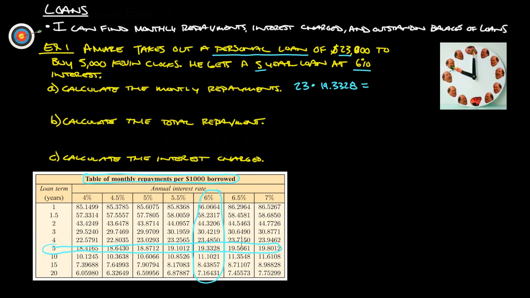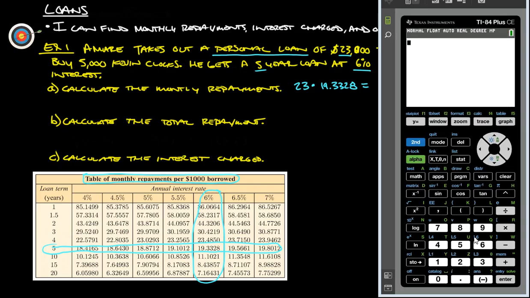Okay, so we bust out our calculator here. 23 times 19.3328. And then we round this up to the nearest penny. So 444.65. Actually, I think we go up to the next penny.